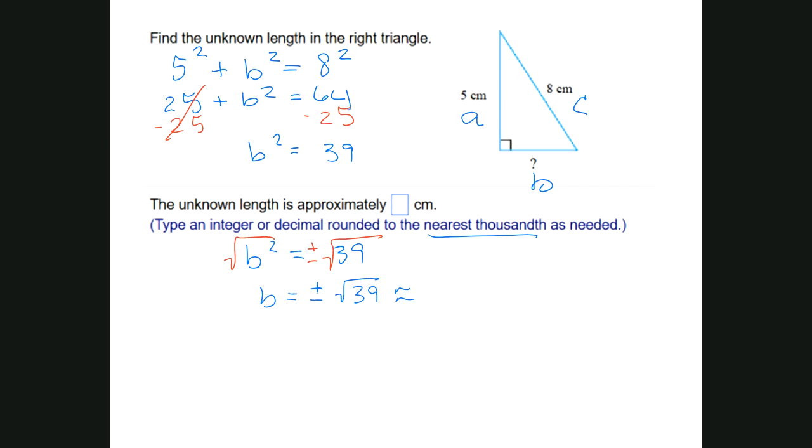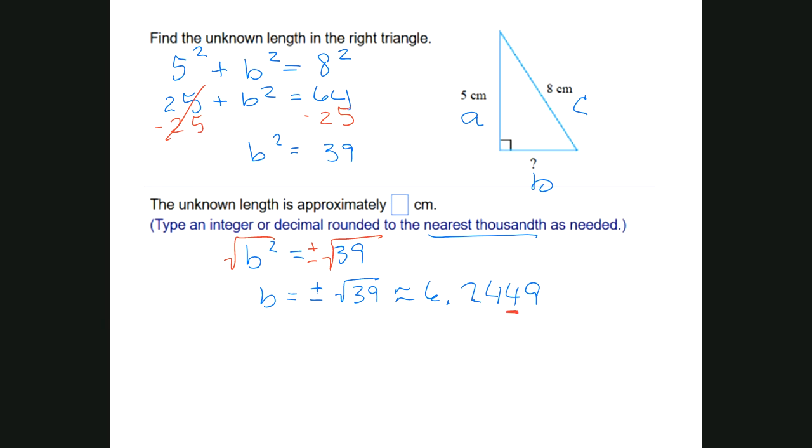All right, so my calculator is giving me 6.2449. Round it to the nearest thousandth. Tenths, hundredths, thousandths.